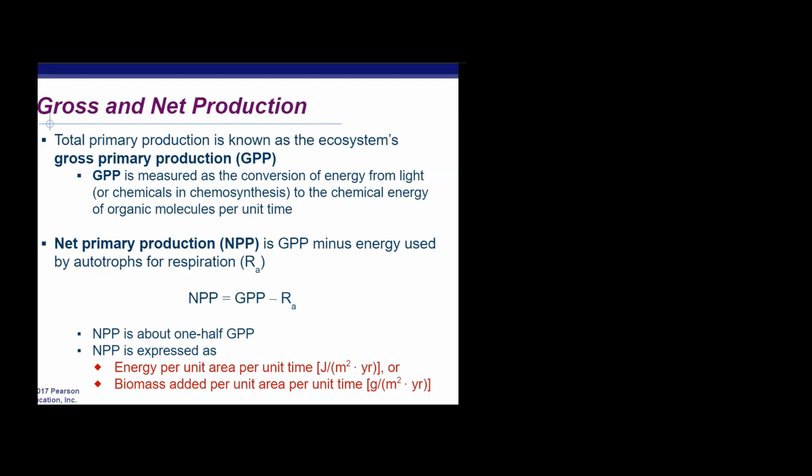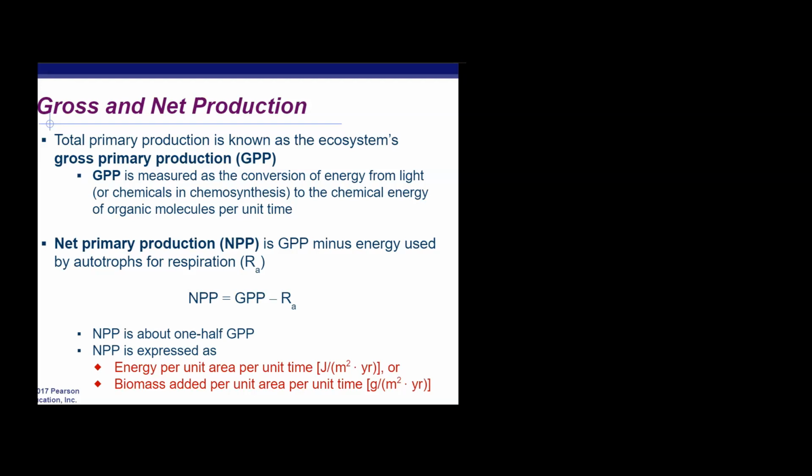And then we also have this definition of net primary productivity or production, or NPP. And that's simply equal to the gross primary production minus the energy used by the autotrophs for respiration. So whether they're chemoautotrophs or photoautotrophs, they all are living organisms that are going through respiration. So we represent that by that R subscript A there.